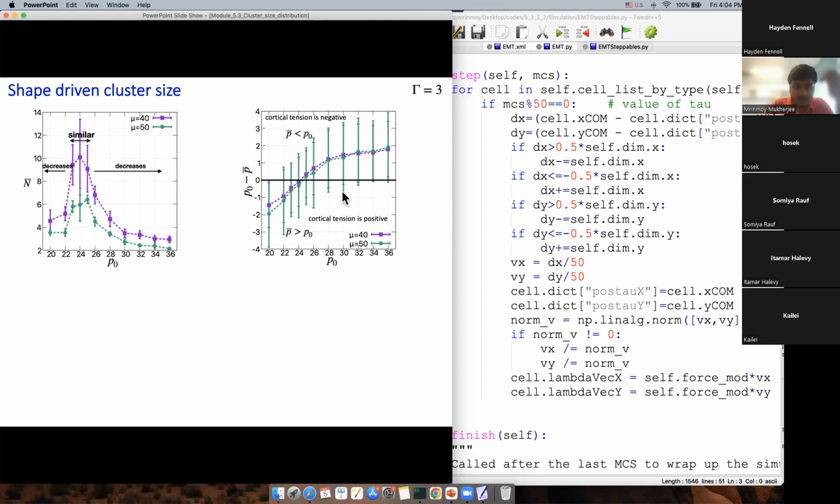That's why it is easy to break the clusters, and why we get smaller cluster sizes here. But for P average greater than P0, the cortical tension is positive, and the cells become more rigid. That can also lead to the breaking of these clusters. Below this value, you will not see any; the cells are too rigid, and this mu is not enough to release the clusters.